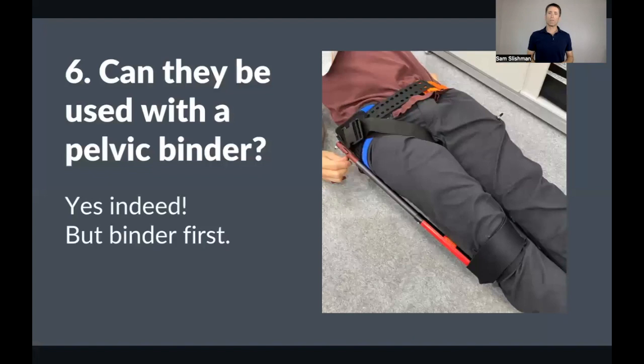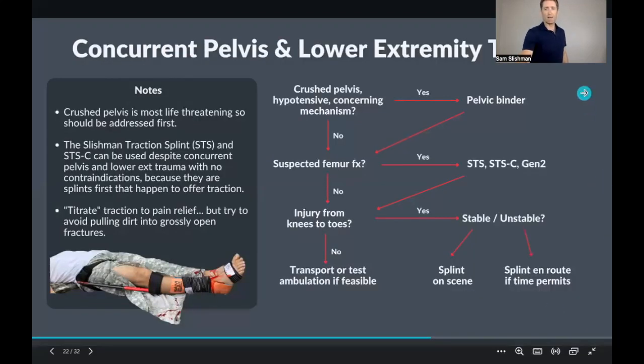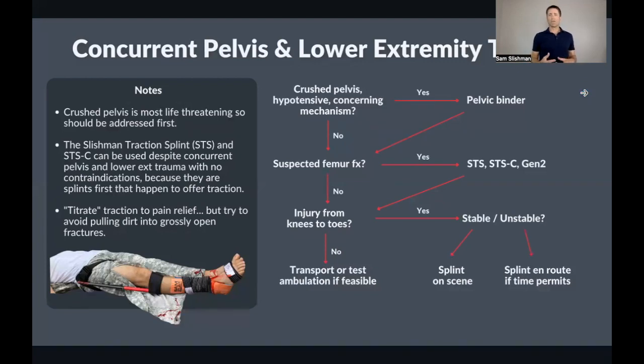All right, can they be used with a pelvic binder? If I have a crushed pelvis and a femur fracture, step one is the pelvic binder. And yes, these can be applied directly over. Then this is a bit of a decision tree. If you have somebody with a multi-trauma, crushed pelvis, broken femur, mangled lower extremity, the way I think through that is the MARCH algorithm.